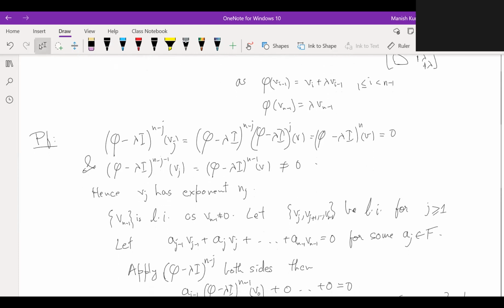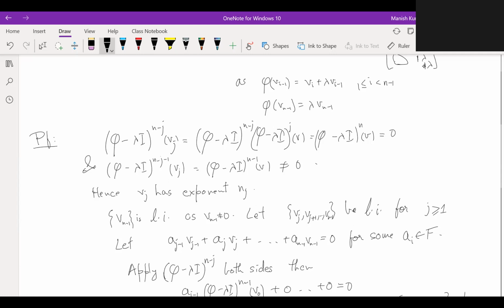So now consider this linear combination. We want to say that if we adjoin Vj minus 1, then it stays linearly independent. So suppose there is some linear relation, with coefficients Ai in F, for some Ai.